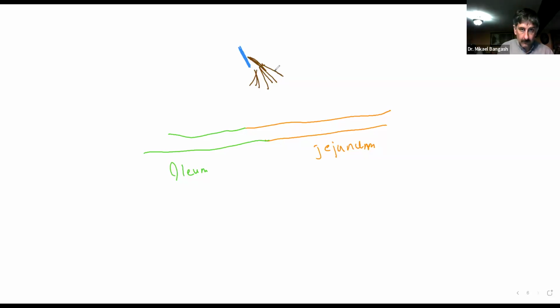Now, what these first branches, which will form your vasa recta, are going to do is form arcs like this. So it means it's actually going to be an extensive network of blood vessels with these arcs.